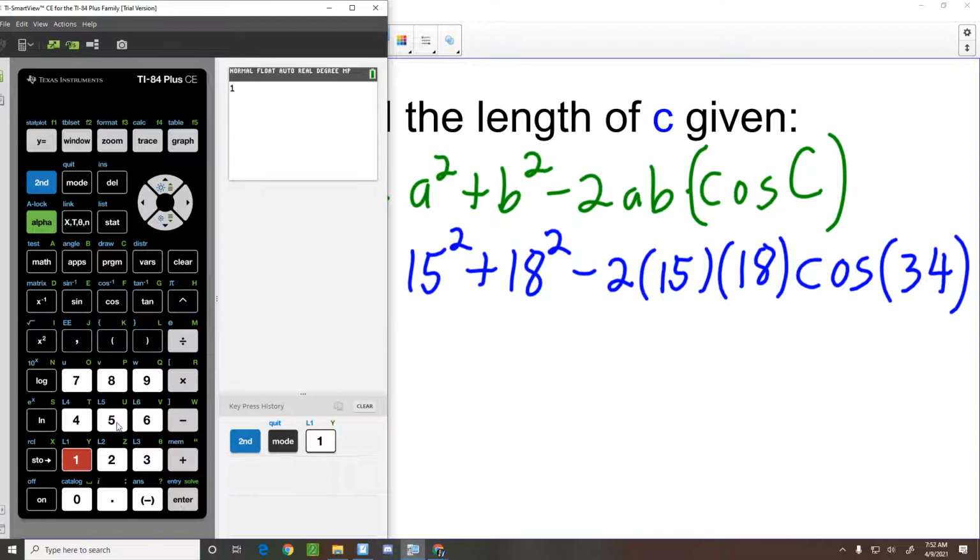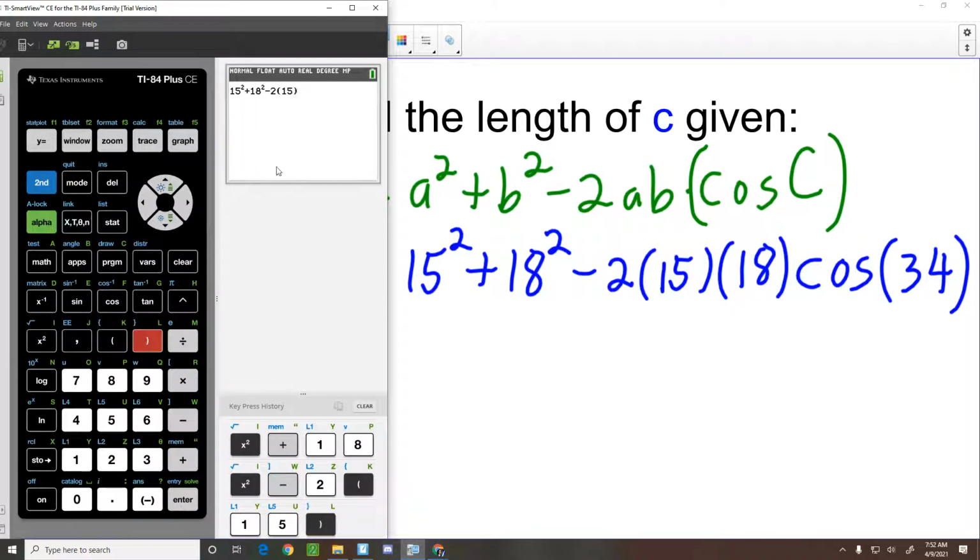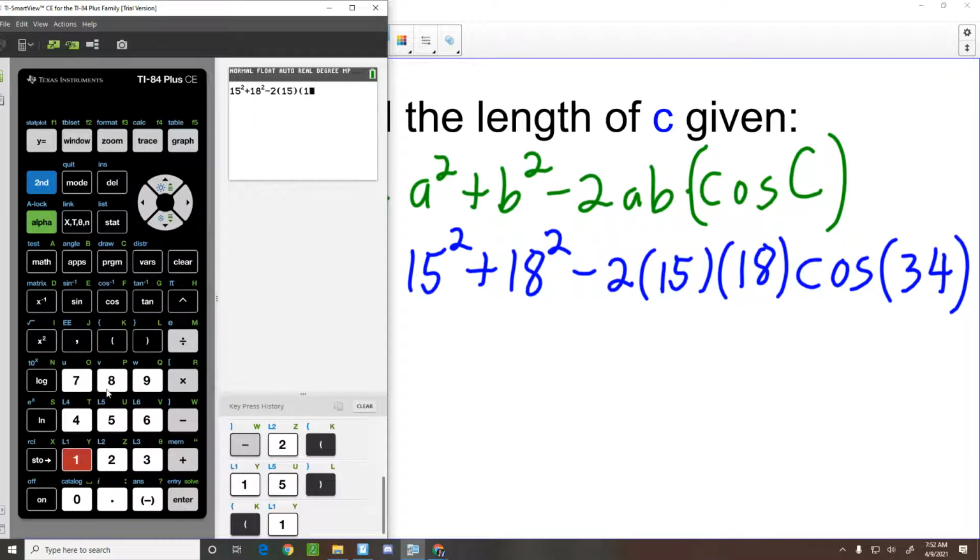All right, so I'm just going to type this whole thing in. 15 squared plus 18 squared minus 2 times 15. Instead of hitting multiplication, you can just use parentheses because that implies multiplication. We've got something in parentheses right next to something else. Parentheses 18 times the cosine of 34.